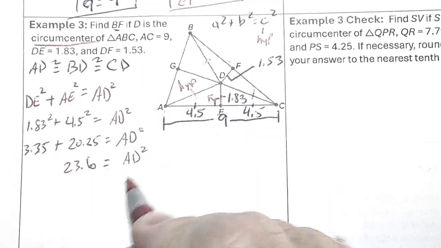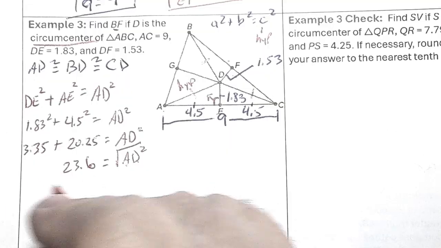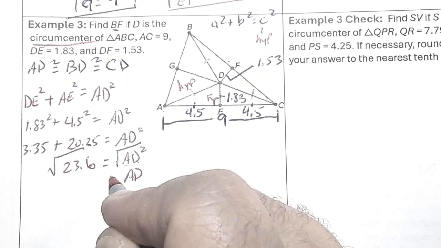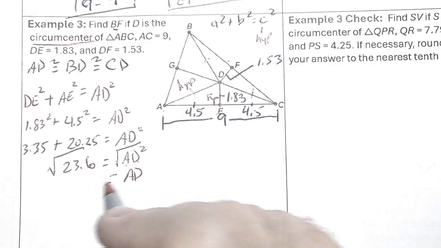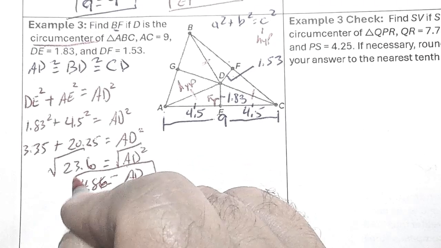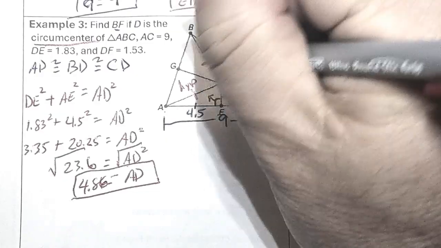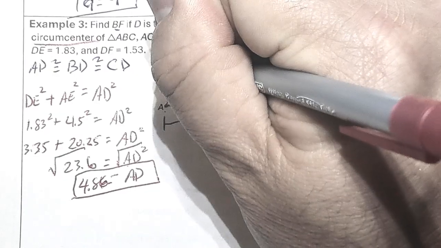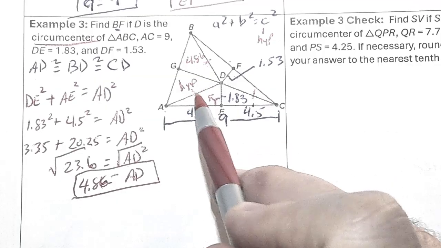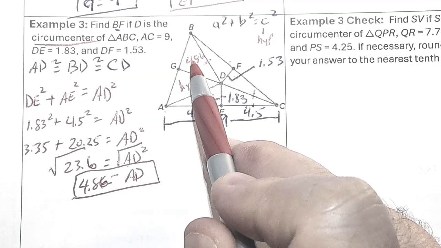We want AD, so we're going to take the square root. So AD is going to equal approximately 4.86. So that means that's 4.86, and this guy is 4.86, because remember, all three of these are equal. So now we have this and this.